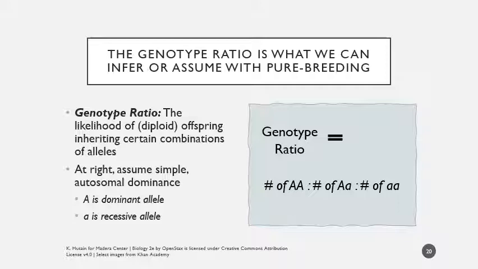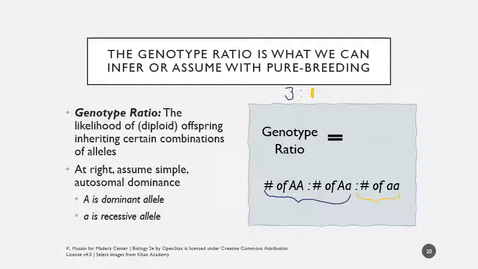So in that previous example where we had 3 brunettes and 1 blonde, we know that blonde is going to be homozygous recessive. But when they are brunette, we have no way of knowing whether they're homozygous dominant or heterozygous, if it's simple dominance.